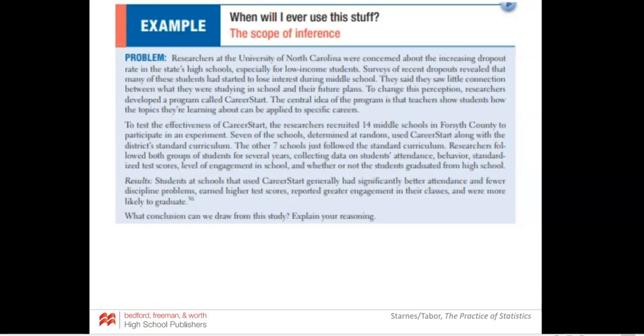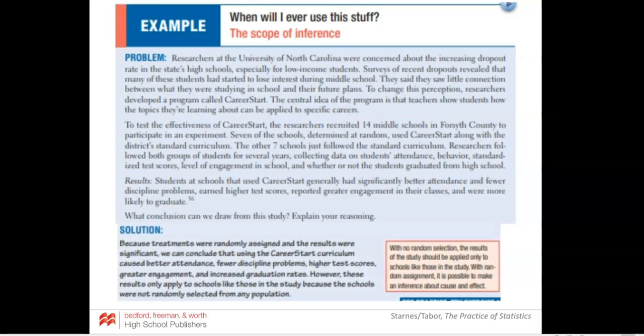And so they have been randomly assigned to treatment groups. When that happens, assuming all those nuances are true, strong association, etc., then we can say that there is cause and effect. In other words, this Career Start did cause these changes to happen.